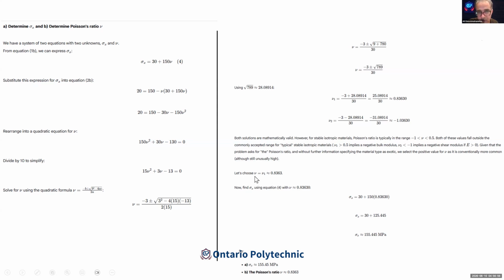This is the final. Let's choose Poisson ratio 0.8, right? Yes. Poisson ratio in 95% of engineering materials is between 0.5 and 1. Yeah, so 0.8 is the reasonable one, right?